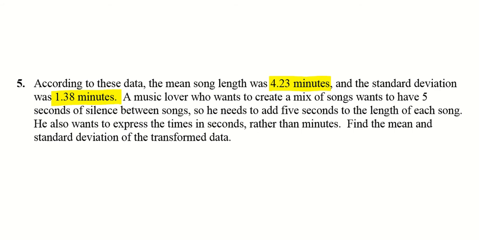So if you go into your reading for chapter 2.1, hopefully you'll discover in your review that we are allowed to multiply every single term by 60 in this case, because there are 60 seconds in a minute. It will change the value of your mean. It will change the value of your standard deviation. You're allowed to multiply both of those numbers by 60. In terms of adding on the additional 5 seconds, it'll only affect the mean. It will not affect the standard deviation.